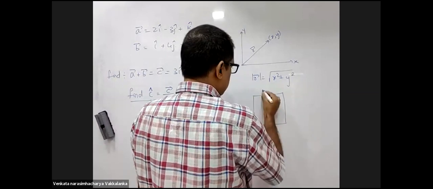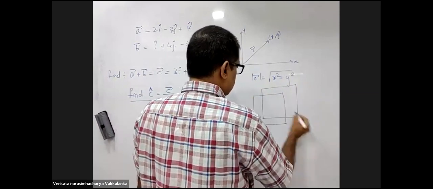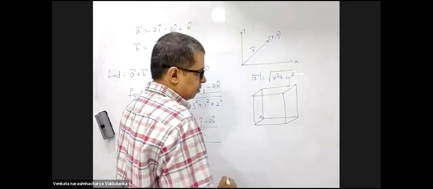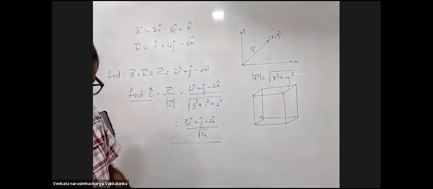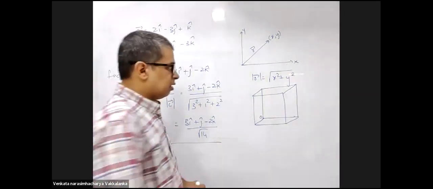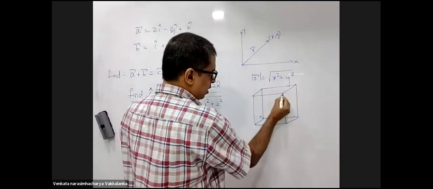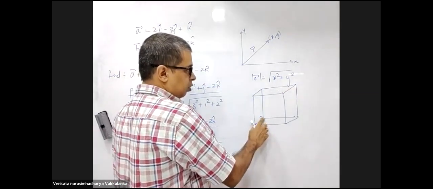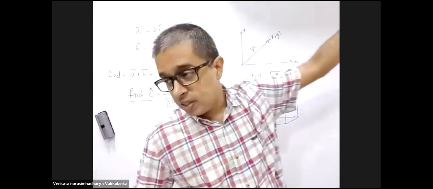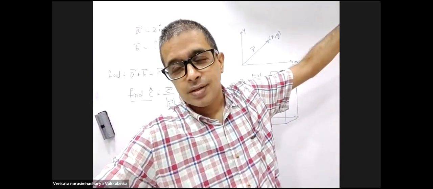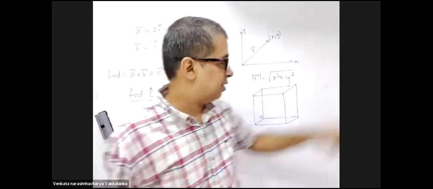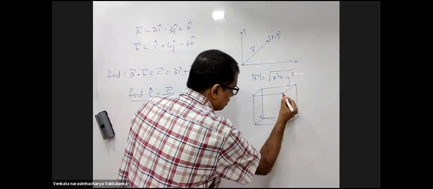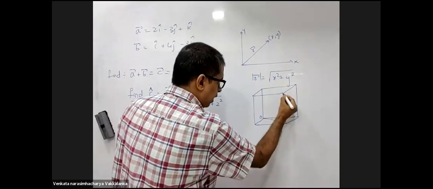Visualizing 3D for you here will be slightly difficult, but it's not very difficult. I'm taking this as the origin. Now suppose you are taking a vector from here till here, this corner in the cube, from there till there. The diagonal of the cube will be the resultant of this and this.